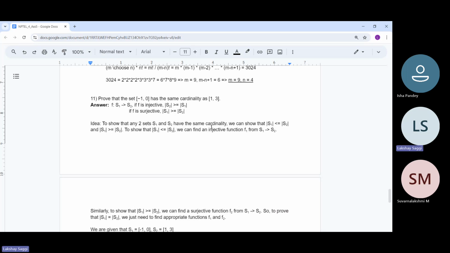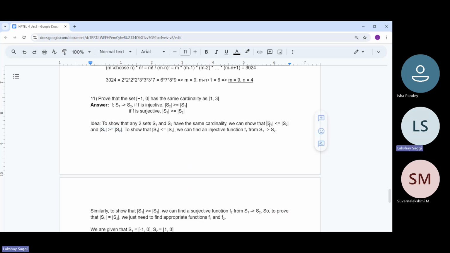Then we can show it in two parts. We can say that |S1| is less than or equal to |S2| and |S1| is greater than or equal to |S2|. If we are able to show these two claims, this means that |S1| will be equal to |S2|, right? So we need to prove these two independently.